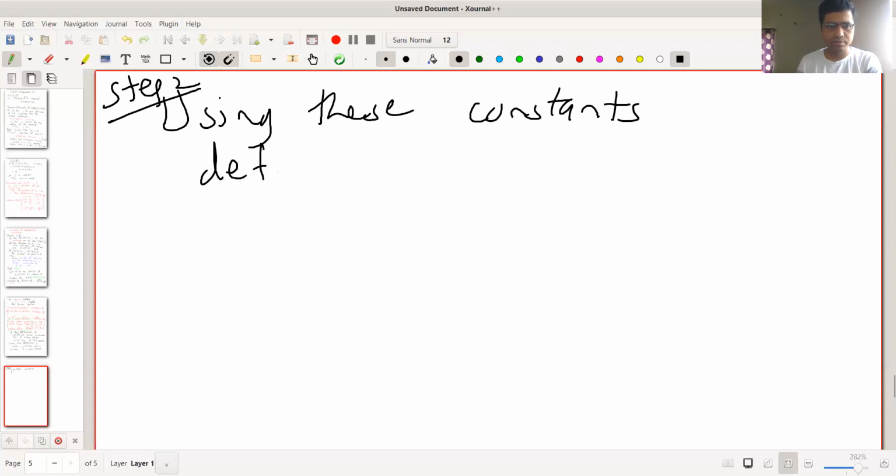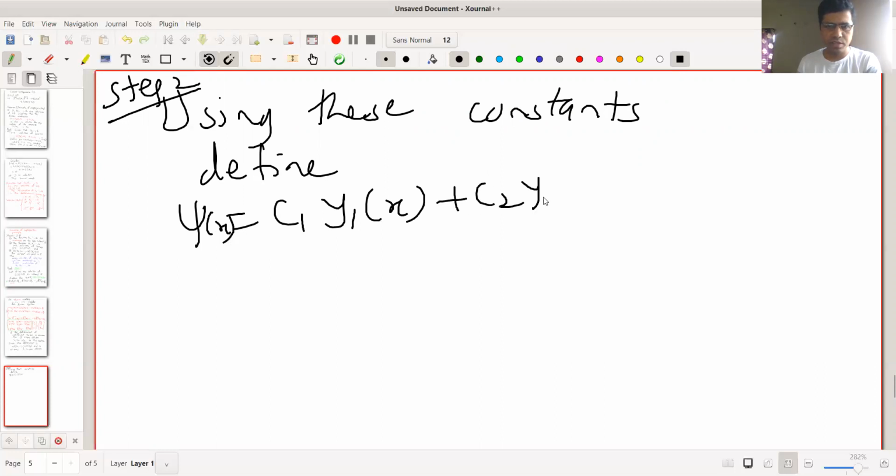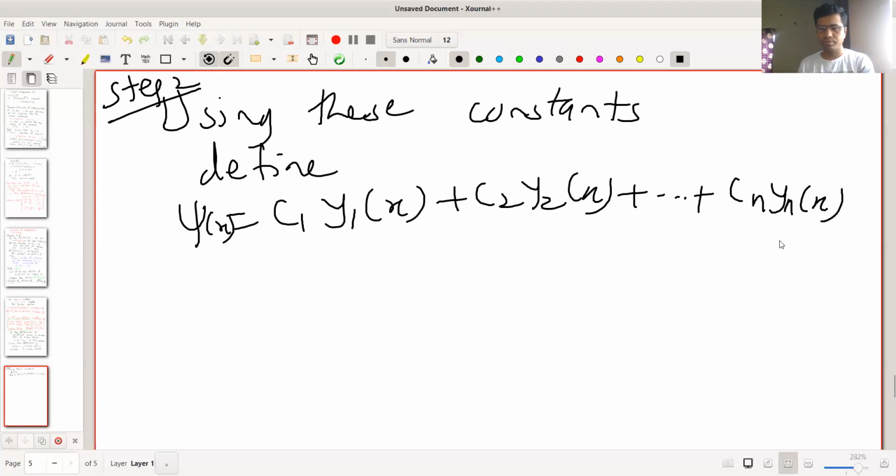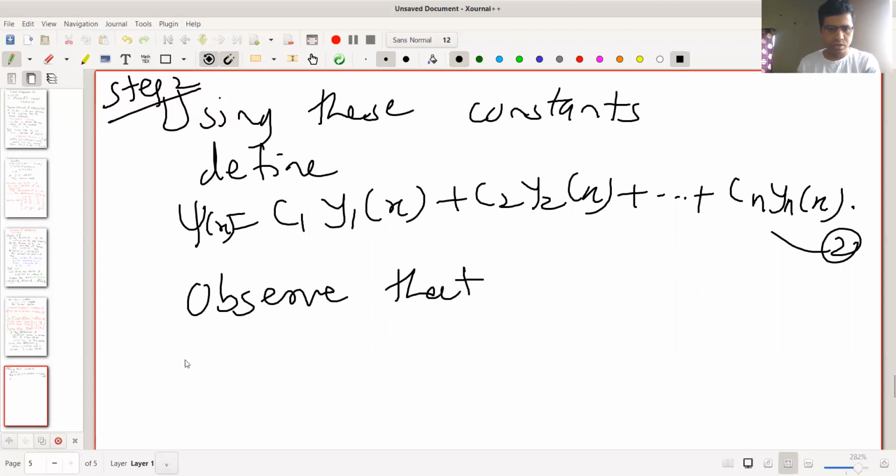Define the function psi to be c1 y1 of x. That is, psi of x is c1 y1 of x plus c2 y2 of x plus, and so on, plus cn yn of x. Observe that, what is L of psi?